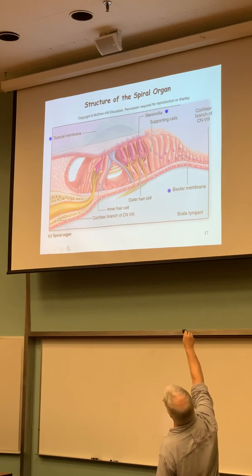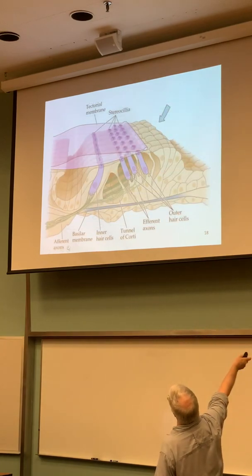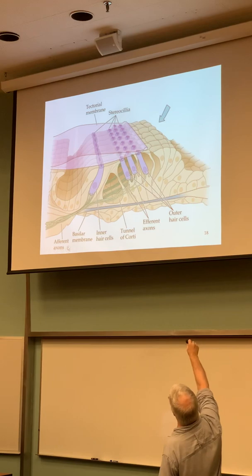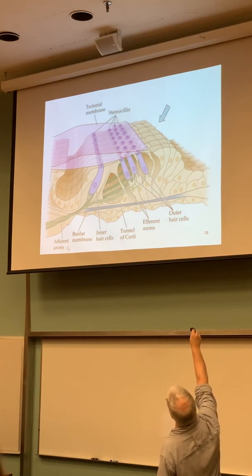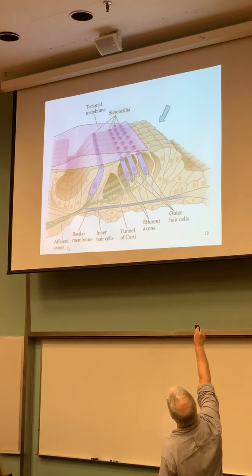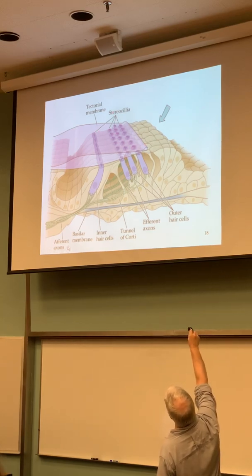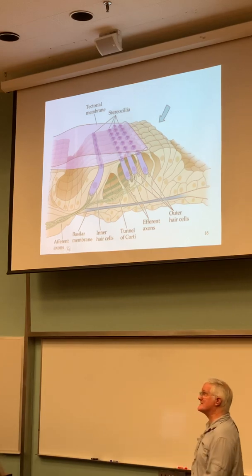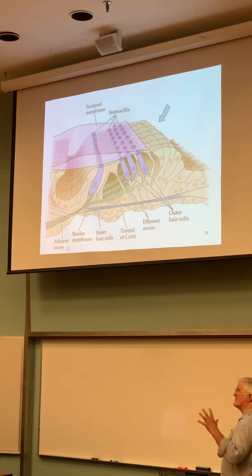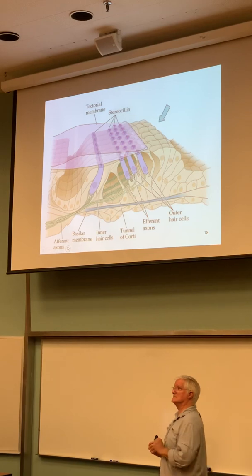To give you a better perspective of the rows, we can look at this. Looking down on top of them, there's my inner row, single file, and then my three rows together. These are the outer hair cells, these are the inners, and the inners are what we are going to say are responsible for your, quote, hearing.